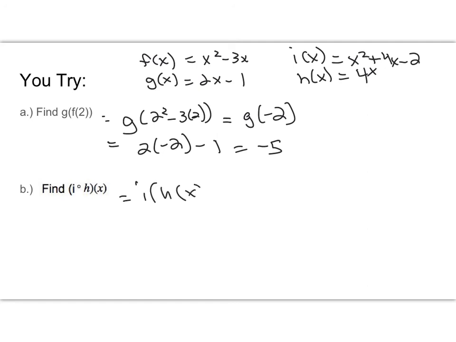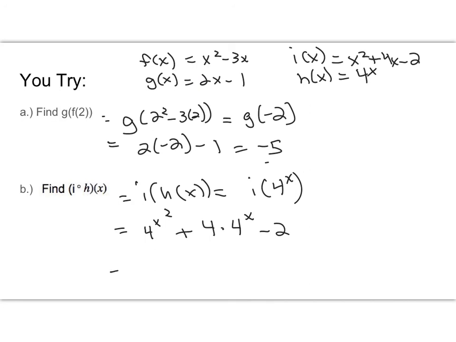Now if I want to find I of h of x, first I like to rewrite it. H of x was 4 to the x. So everywhere there's an x in the function I, I'm going to replace it with 4 to the x. So 4 to the x squared plus 4 times 4 to the x minus 2.